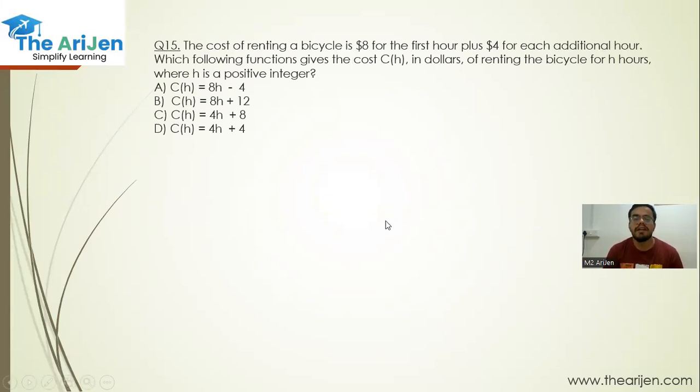The question is, the cost of renting a bicycle is $8 for the first hour plus $4 for each additional hour, right? So if you just rent a bicycle for the first hour, we have to pay $8. And for the next consecutive hours, you have to pay $4 each, right?